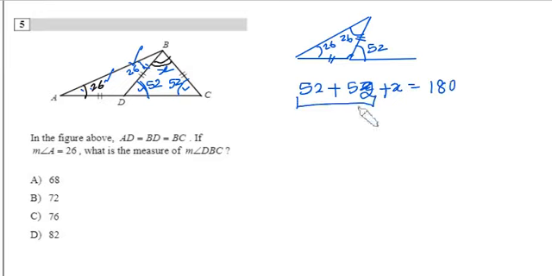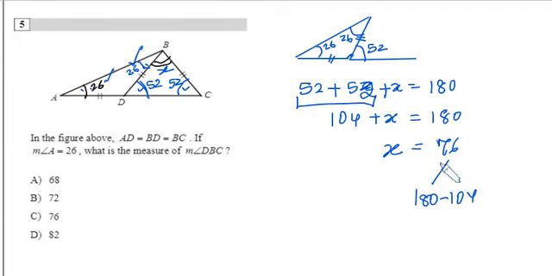These two angles sum to 104, plus X equals 180. So X equals 180 minus 104, that is 76. So the answer to this question is 76. I hope my explanation was clear and you understood everything.